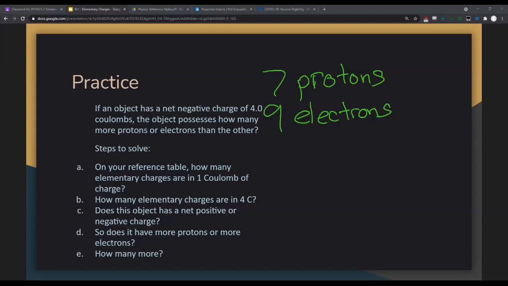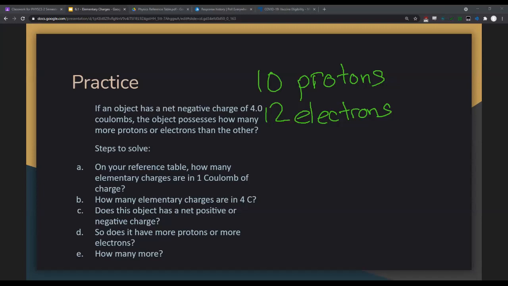What about now? Still 2. Now? Yeah, and it's still 2.